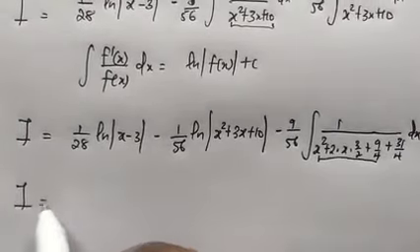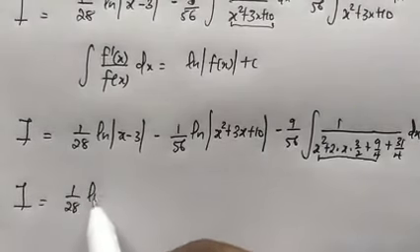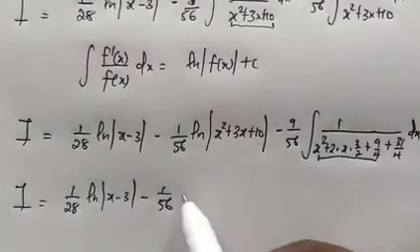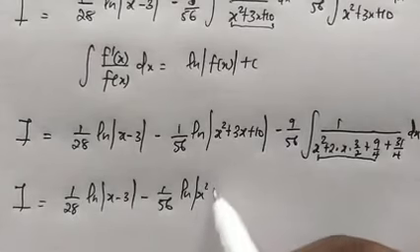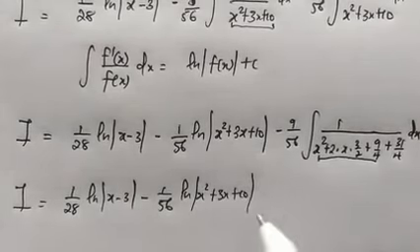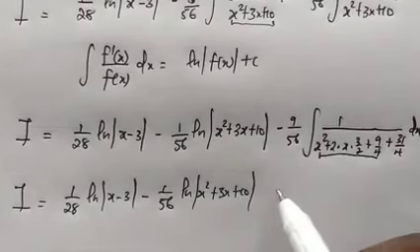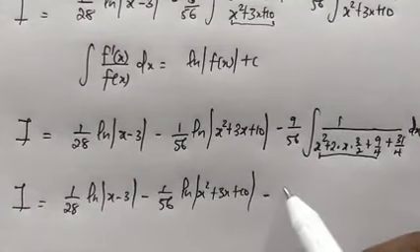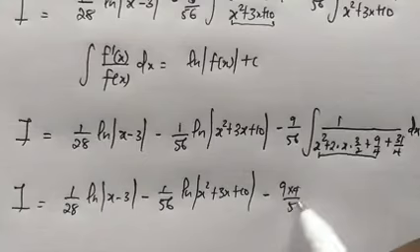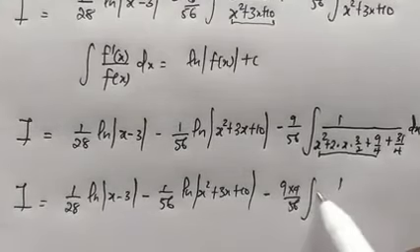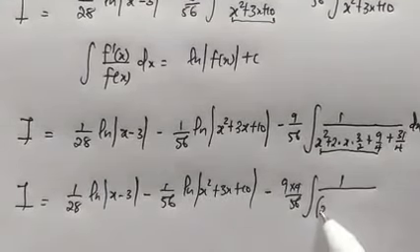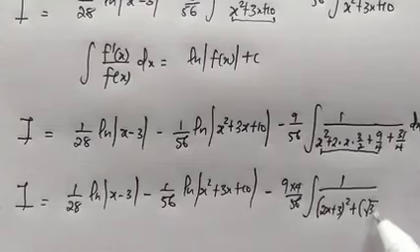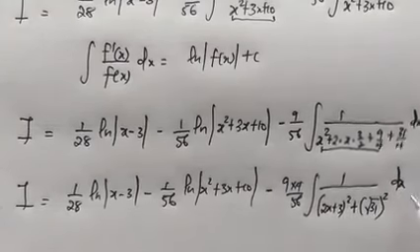So here I equals 1/28 the natural log of x minus 3, minus 1/56 the natural log of x squared plus 3x plus 10. And simplifying nicely here, we are going to have negative 9 times 4 over 56, then the integral of 1 divided by (2x plus 3) squared plus (root 31) squared, and here dx.